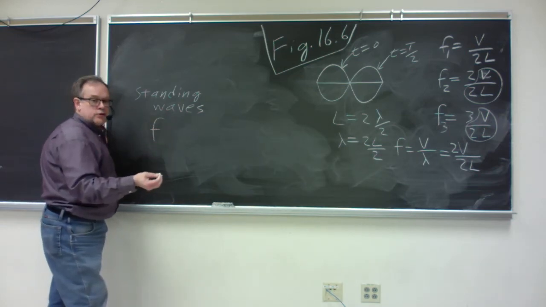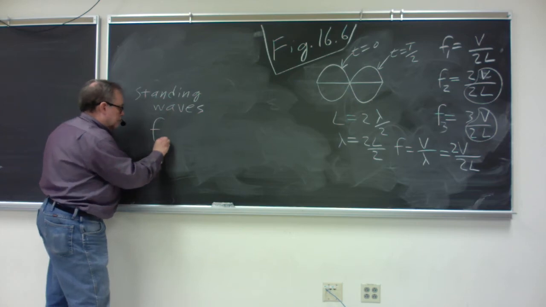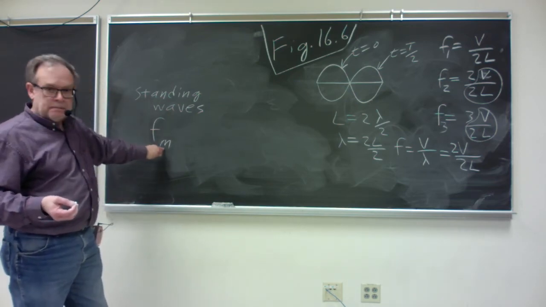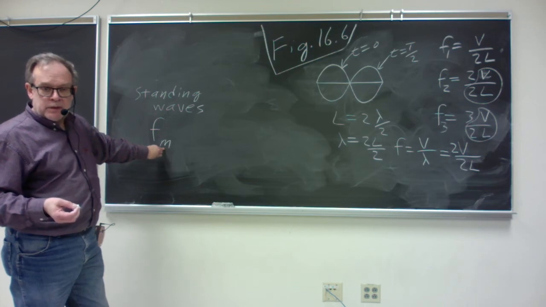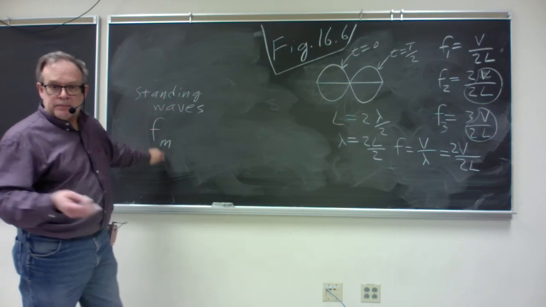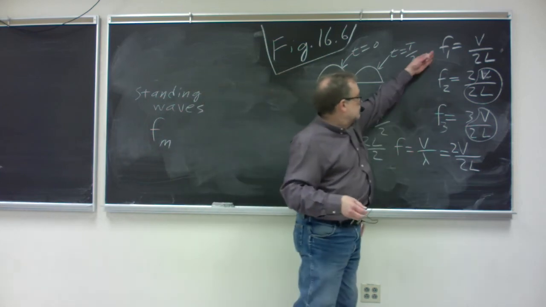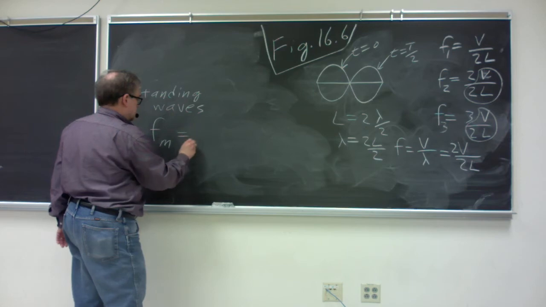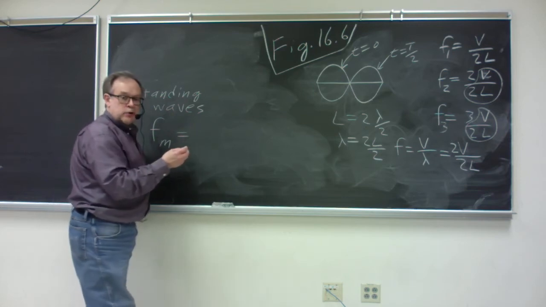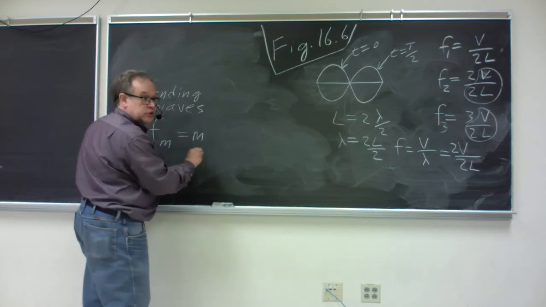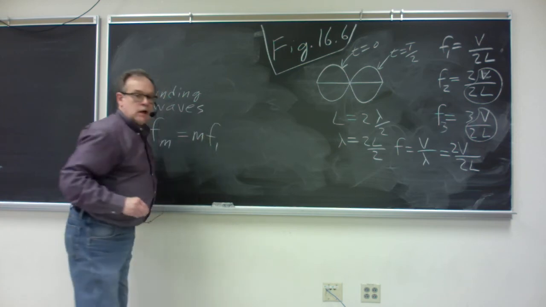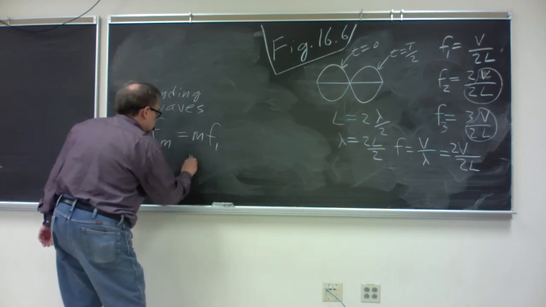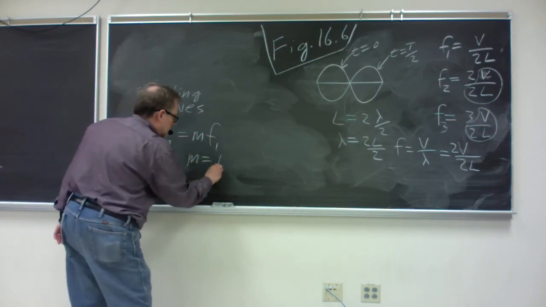There's a whole range of possible frequencies, and we'll identify each of those possible frequencies with a subscript m, which is just some positive integer, 1, 2, 3 for example, and all of those possible frequencies are just some integer multiple of the lowest possible frequency. And m is any positive integer.